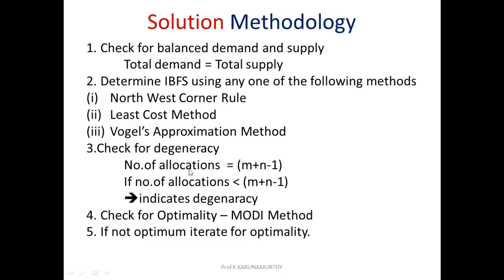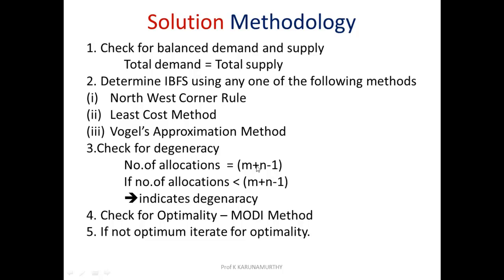Instead, if the number of allocations is less than m plus n minus 1, then we say the obtained solution is a degenerate solution. Here m and n are the number of rows and number of columns in the given problem. M refers to the number of rows and n refers to the number of columns. So normally the solution should not be degenerate. That means the total number of allocations that we make should be equal to m plus n minus 1.